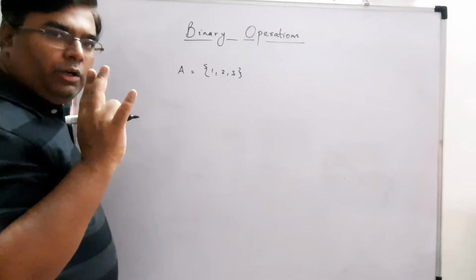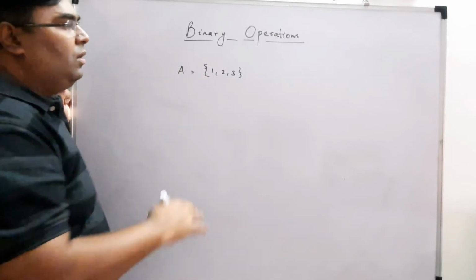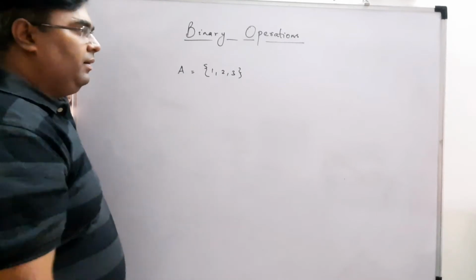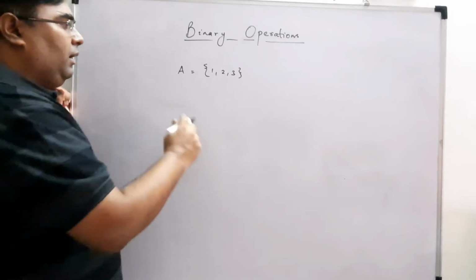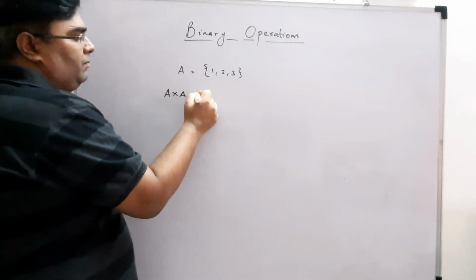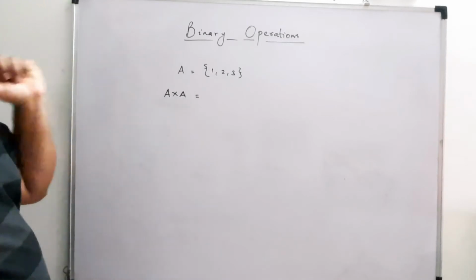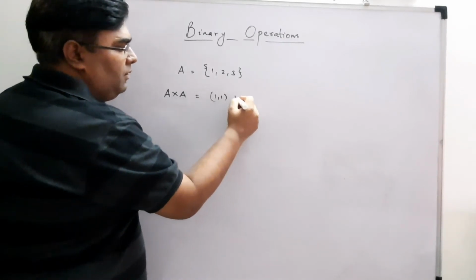I need to pick two elements, so I can pick either 1 1, 1 2, 1 3. By picking two elements, if I make a Cartesian product, what I'll get is pairs like this.